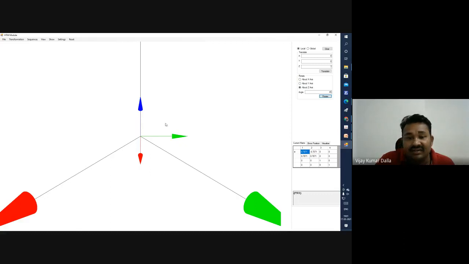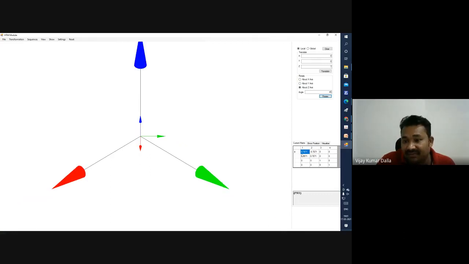And see what things are happening. If you see this transformation matrix, these values got changed. The values of the rotation matrix got changed, meaning it is not a unit matrix, so there is some rotation. And if you observe the last column, the position vector is still 0, 0, 0.